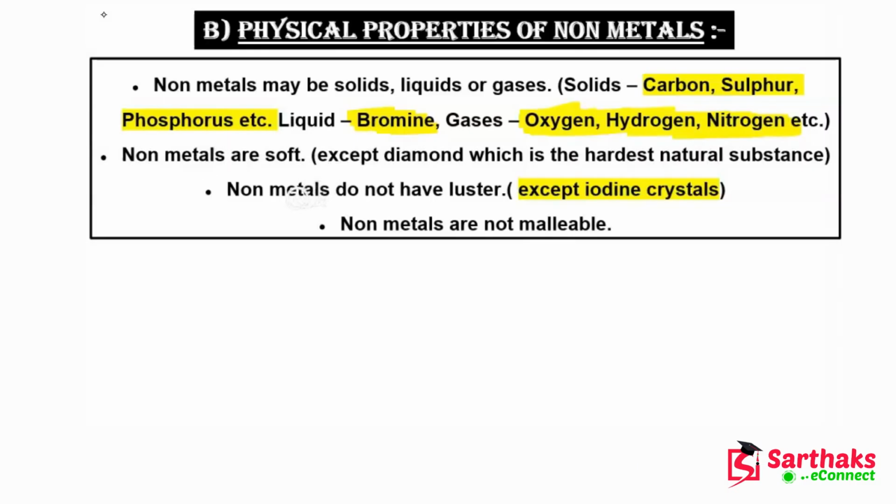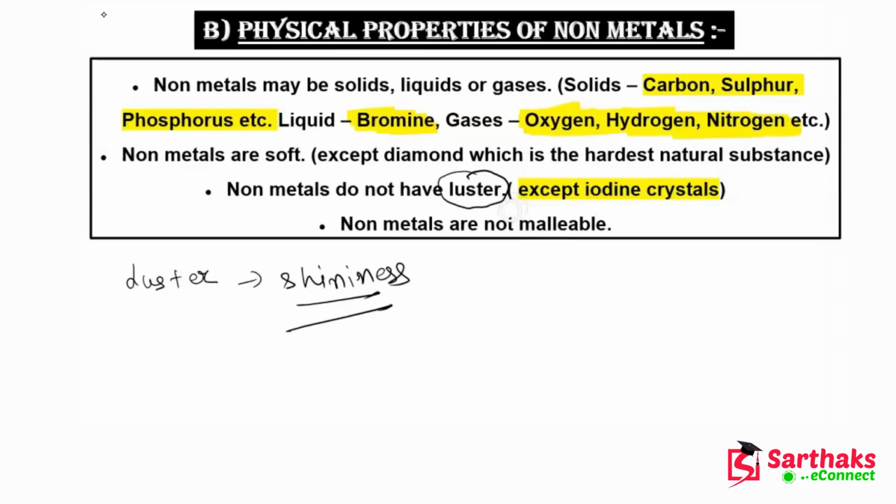Now let's talk about point number three: non-metals do not have luster. What does luster mean? We all know that luster means shininess. We have seen in the previous slide that metals are lustrous, but non-metals do not have luster.